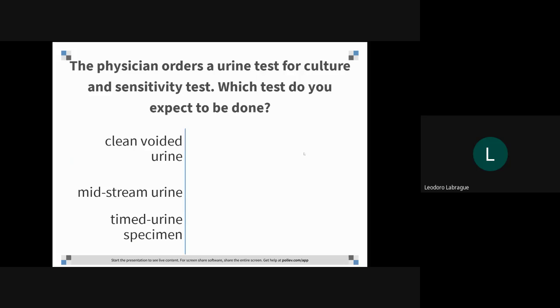Okay. Now at this point, since my app here is not working, it's fine if you're not going to use your cell phones, but I want you to answer this one. The physician orders a urine test for culture and sensitivity. Which test do you expect to be done? I want you to write your answer in the chat box.